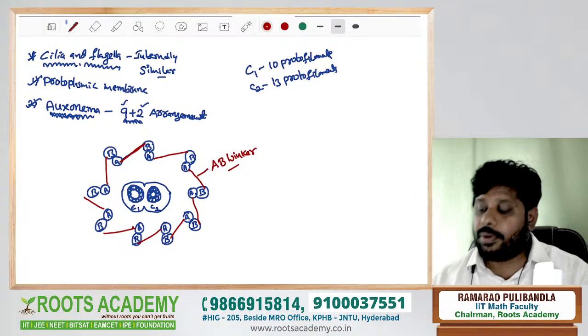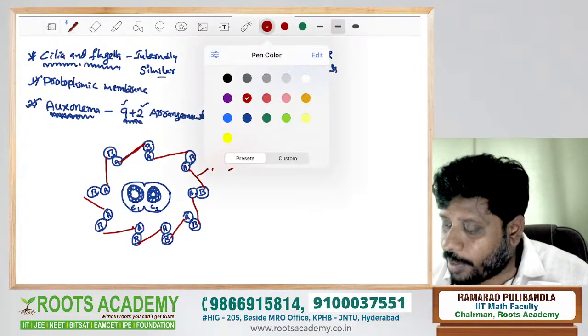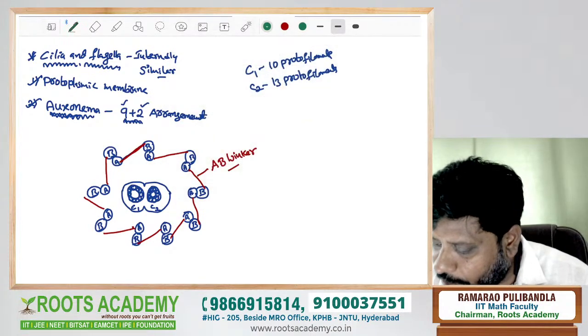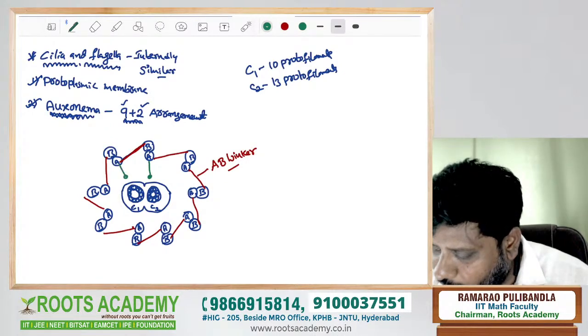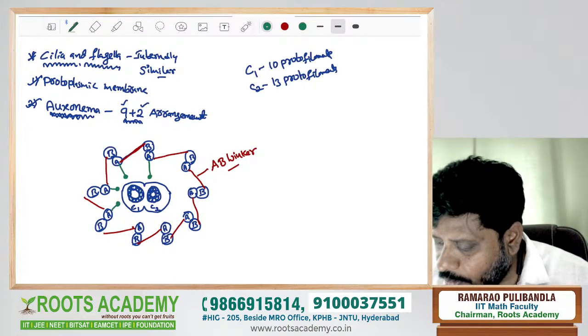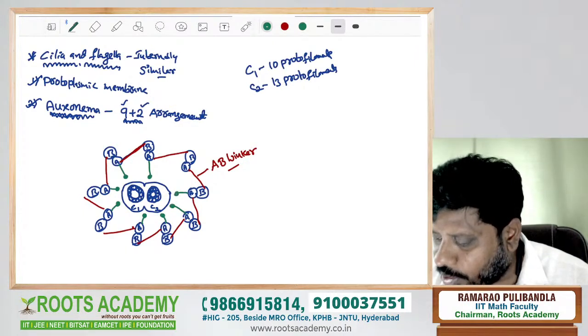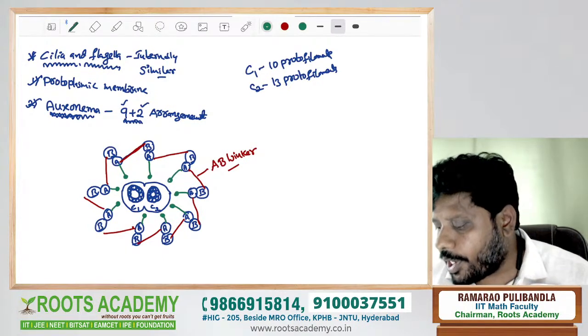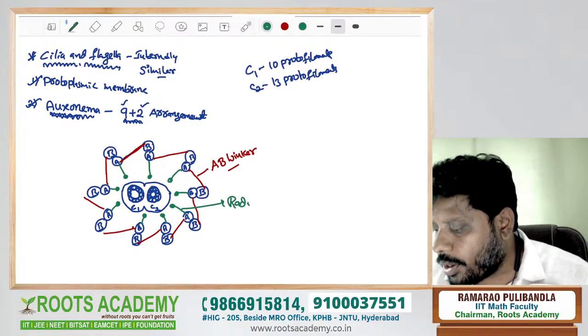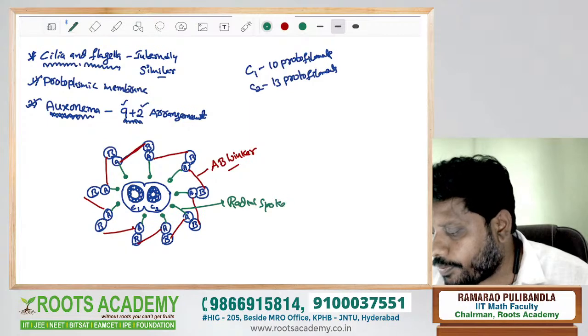And listen, from every A microtubule, one spoke-like structure grows towards the center. It is called radial spokes.